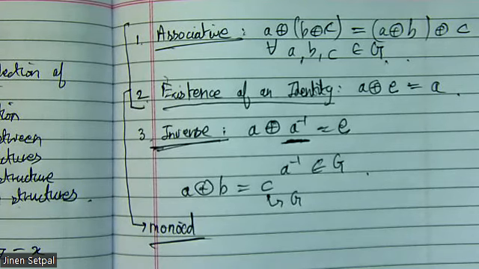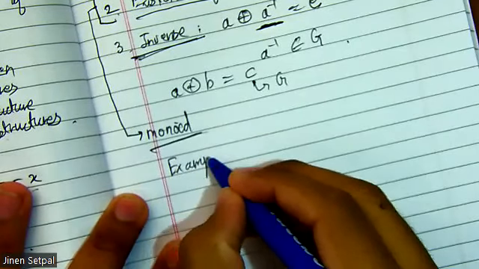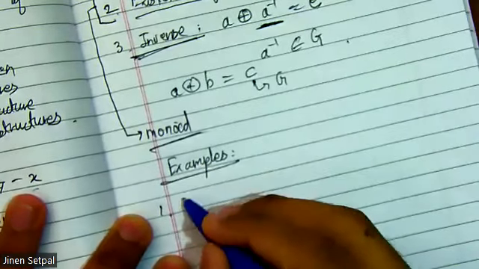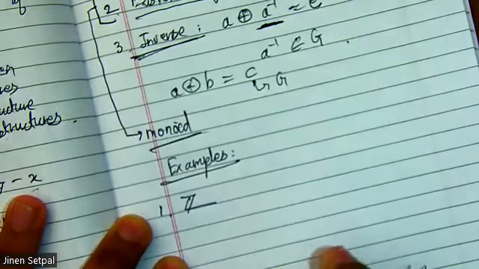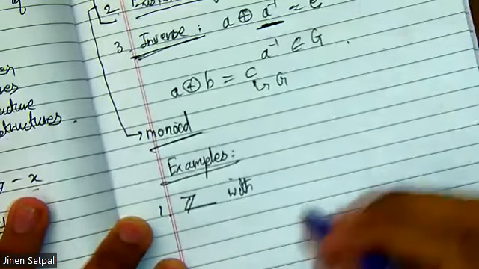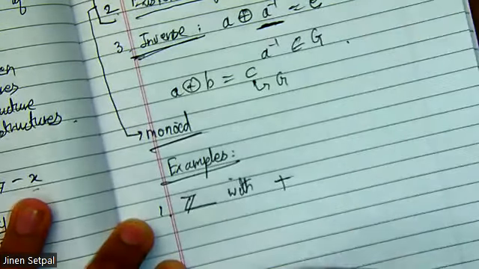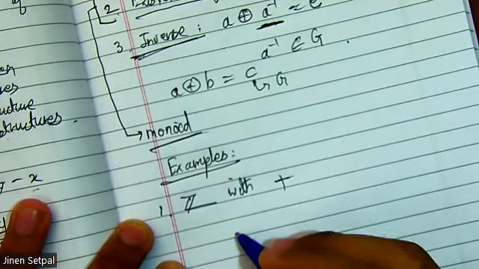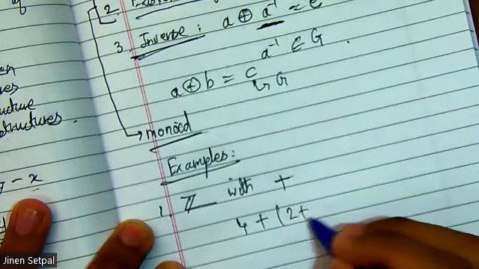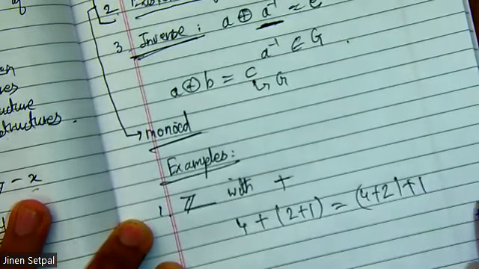So, a couple of examples for a group, right? We have the set of integers with the operation over here being just addition, right? If you were to check this, let's say 4 plus 2 plus 1 will be the same as 4 plus 2 plus 1 with different parentheses.